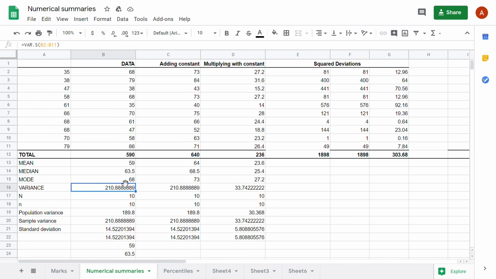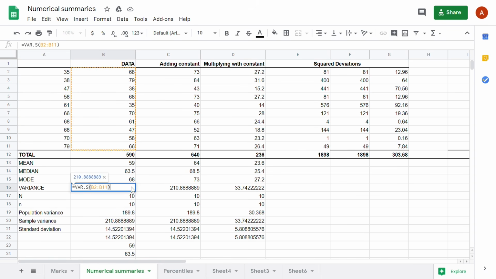Now the same thing, if you use the function var.s, where s represents the sample statistic, var.s of the array returns the sample variance.